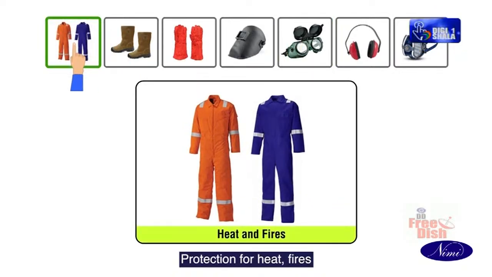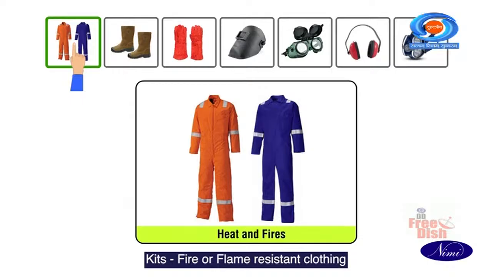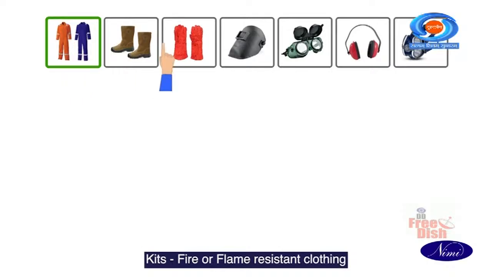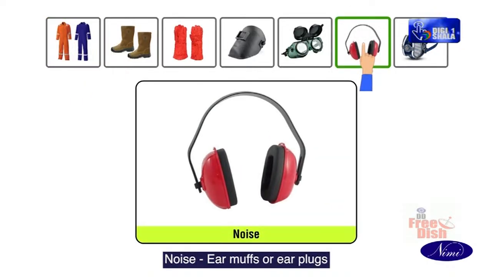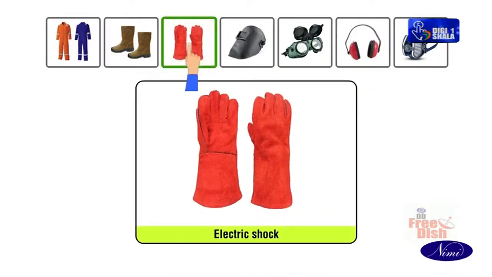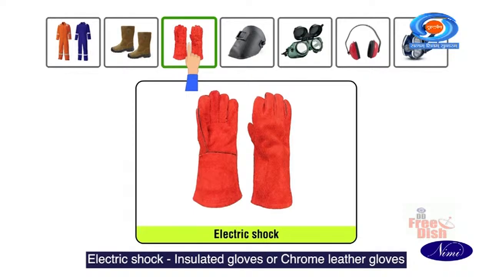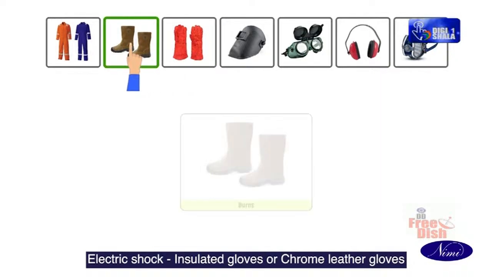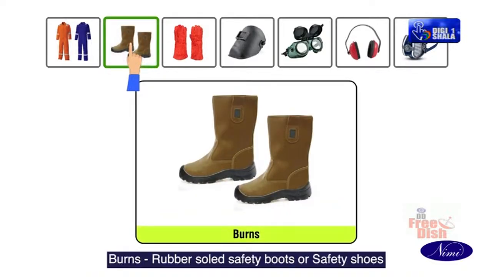Protects from heat, fires: fire or flame resistant clothing. Protects from noise: earmuffs or earplugs. Protects from electric shock: insulated gloves or chrome leather gloves. Protects from burns: rubber-soled safety boots or safety shoes.